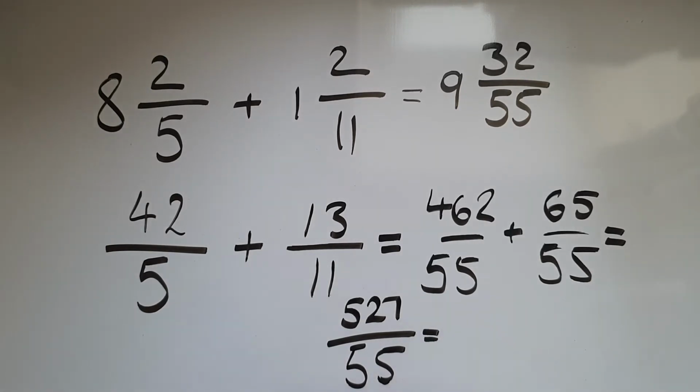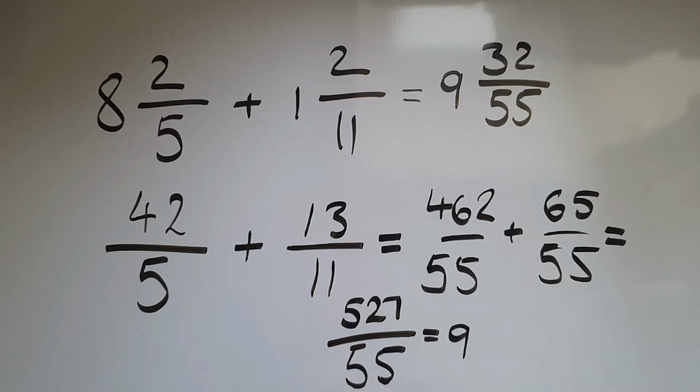Now we're going to have to convert this into a mixed number. So how many 55s would fit into 527? So we're going to divide 527 by 55, and that gives us 9.581. So that is 9 whole cakes if they're split into 55 slices.